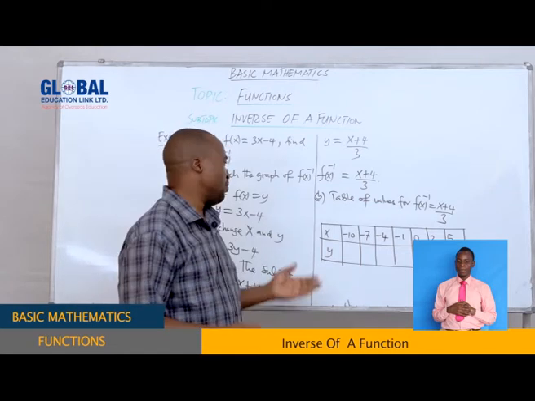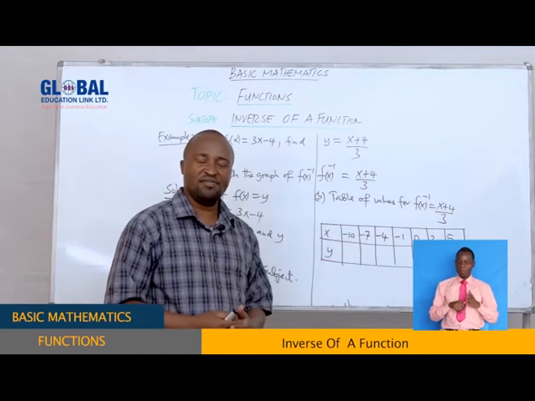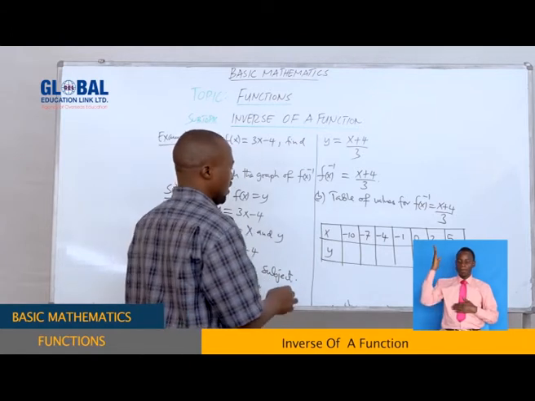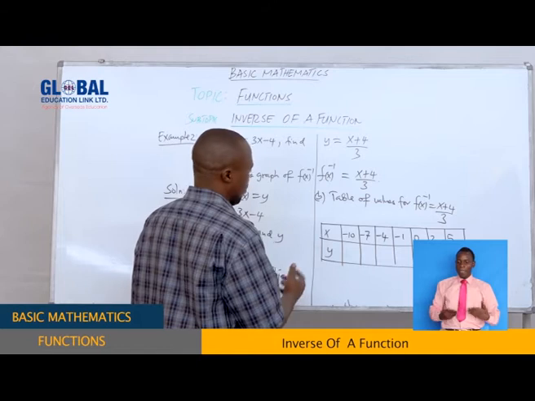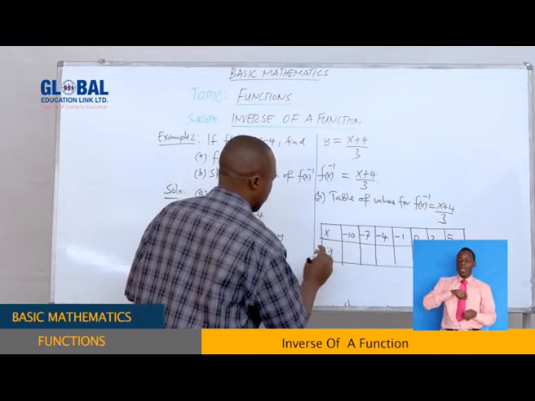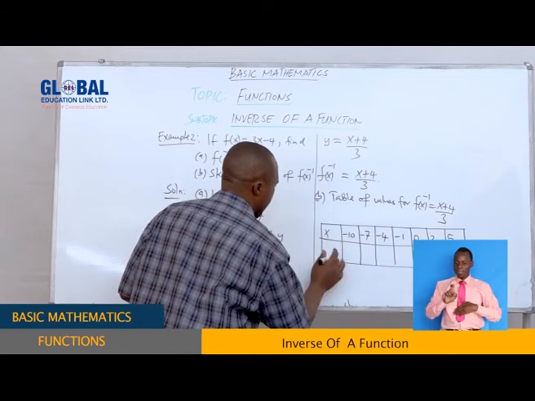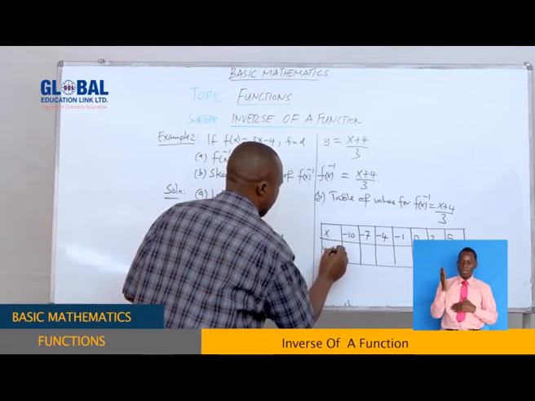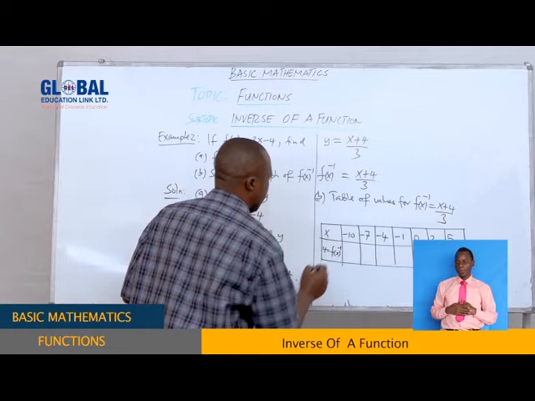So dear students, suppose these are the values of x. Now we are looking for the values of f inverse of x. Of course, we call that y, or that is, say, y equal to f inverse of x.